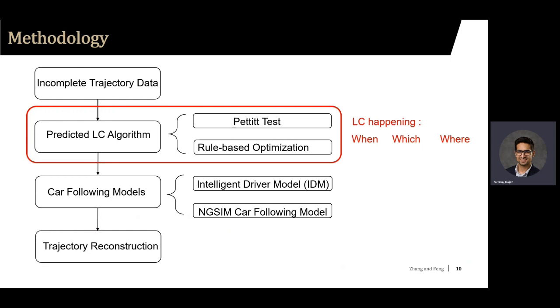After this step 2, we will determine whether lane change behavior existed, what the optimal lane change time point is, and which vehicle changed lane from which lane to which lane. After that, we apply the car following models, and there are 2 car following models applied here. The first is the intelligent driver model, and the second is the NGSIM car following model. After all these steps, we can reconstruct the trajectories.